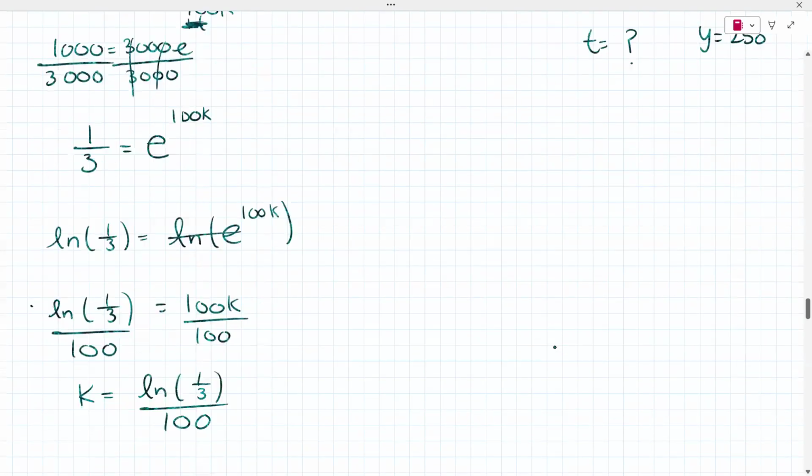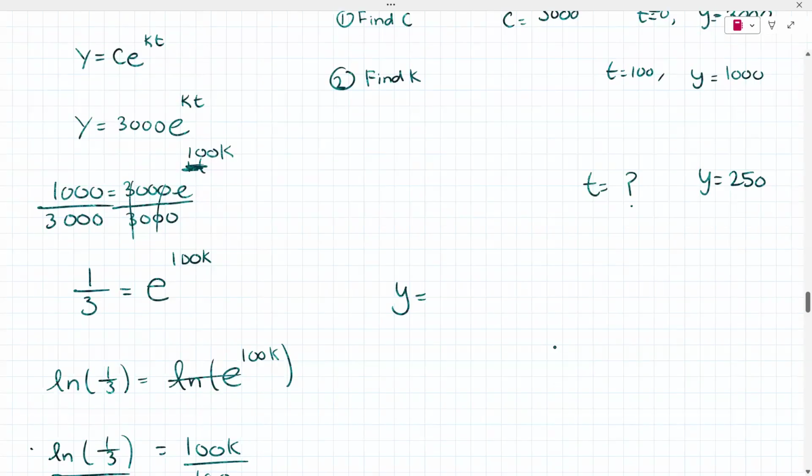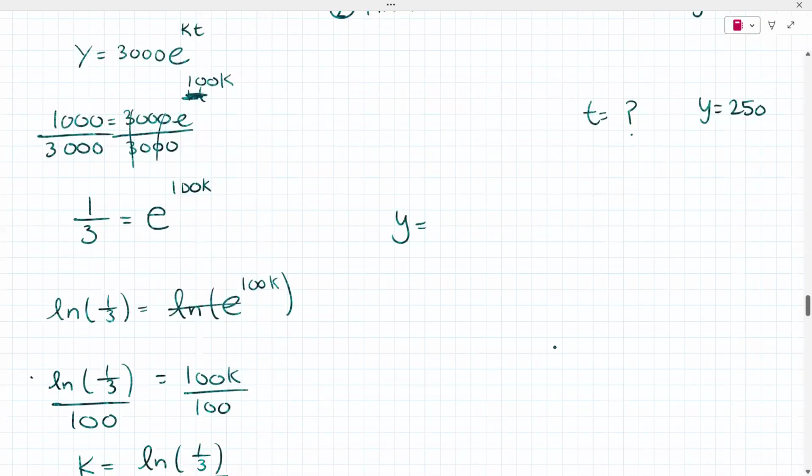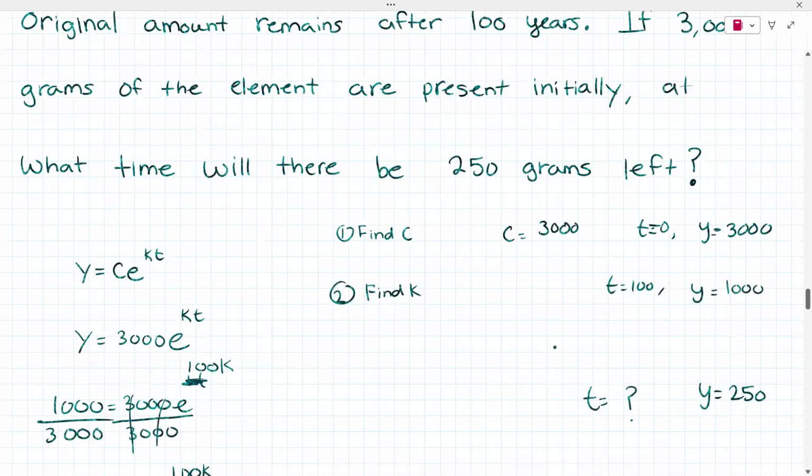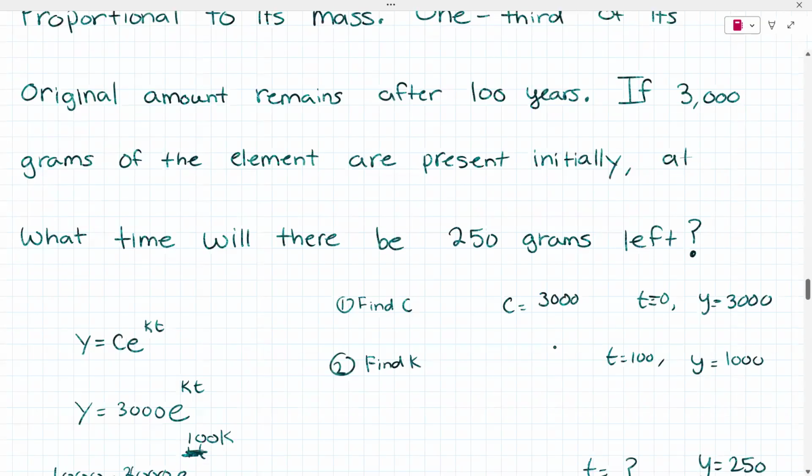So we got to find our final equation, y equals... did I make a mistake? I think I did. Oh no, I didn't make a mistake.